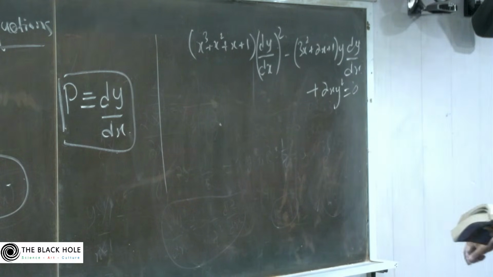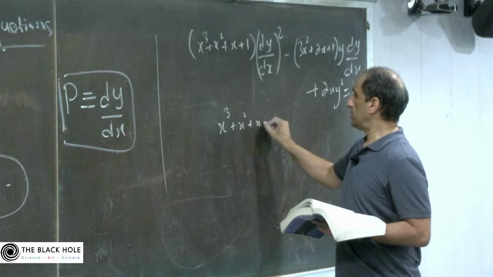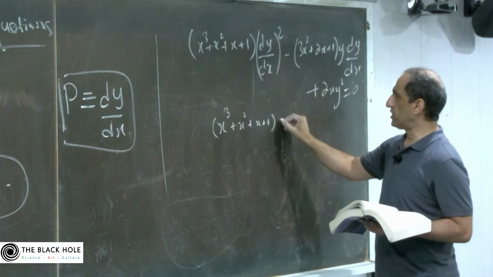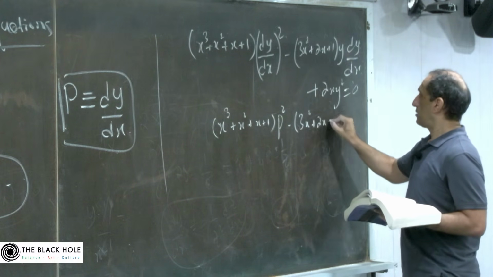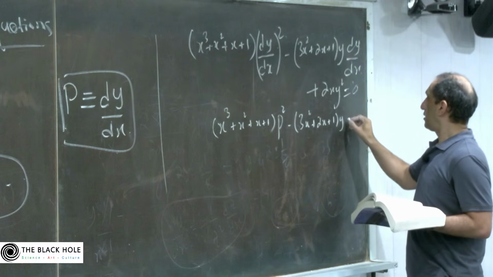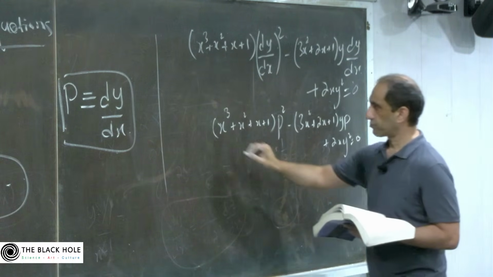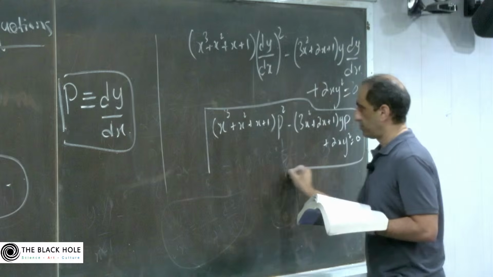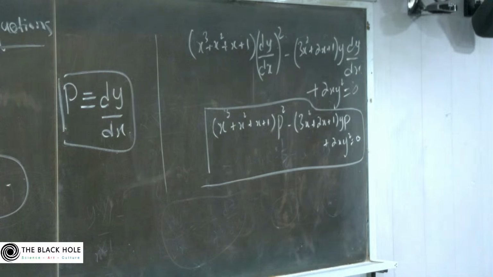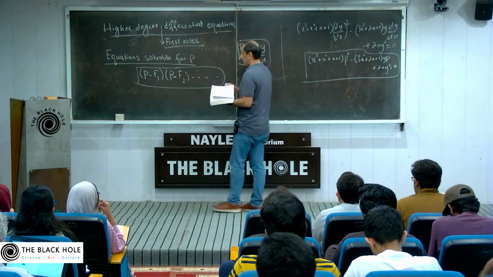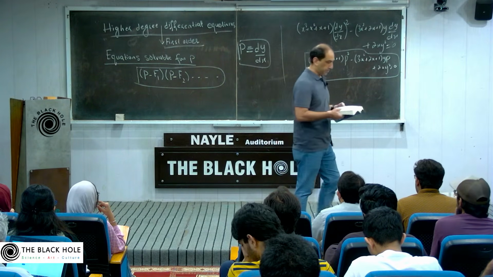If I use the P notation, then the ease that I get for myself is very obvious: I just don't have to deal with this thing again and again, and I can write this as P squared, P and a constant. So you can solve it for P if you can write it in such a form that it can be factorized.